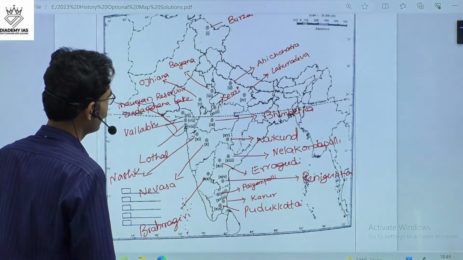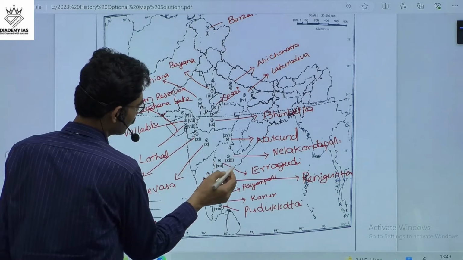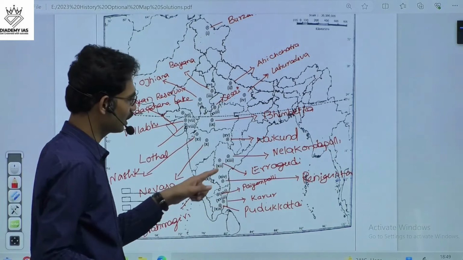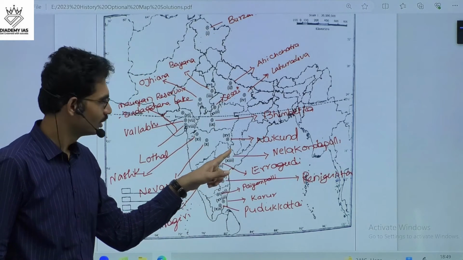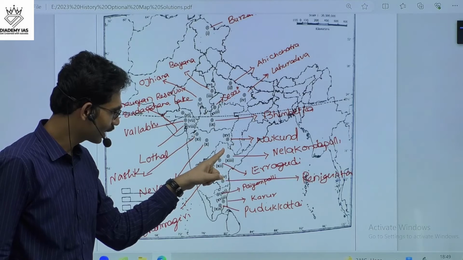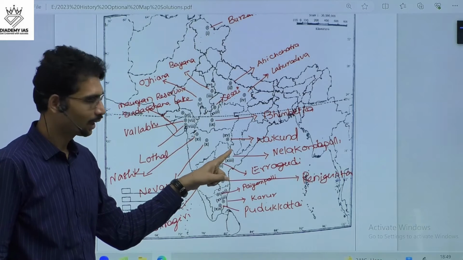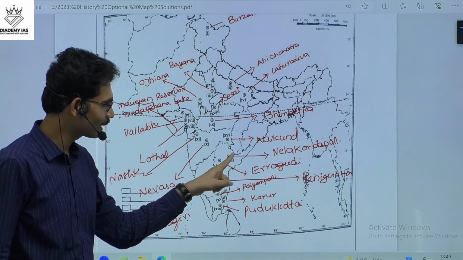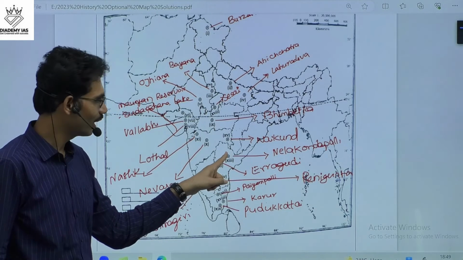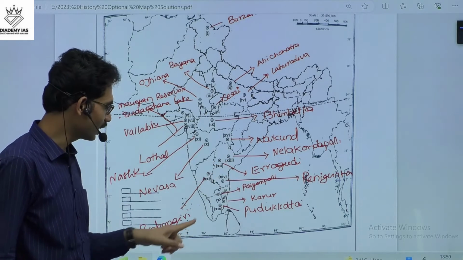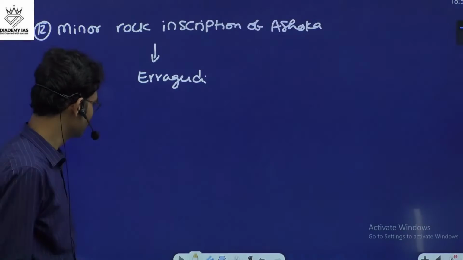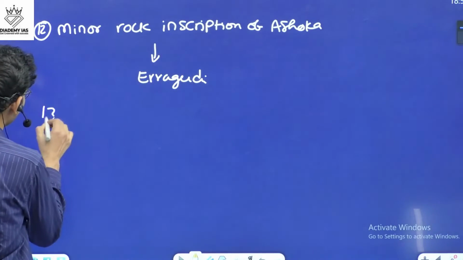Next one, the 13th one. Do you see here? In this location, near the boundary between Telangana and Andhra, near the Bhadrachalam region, it is asking about a Buddhist stupa.